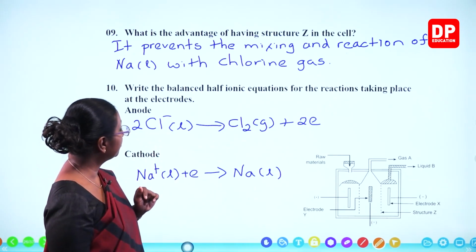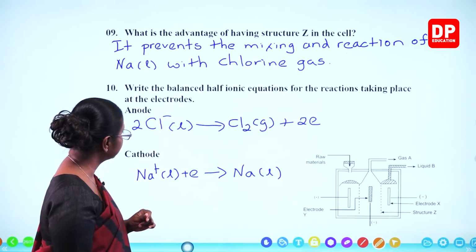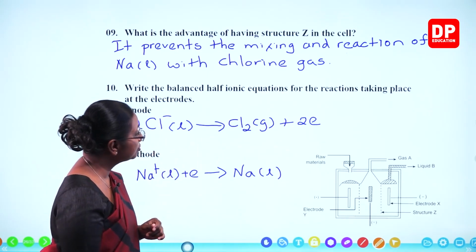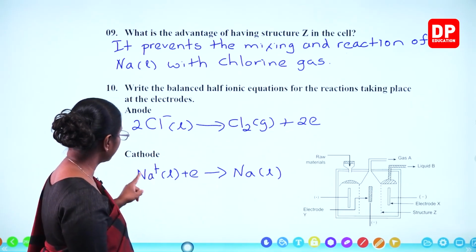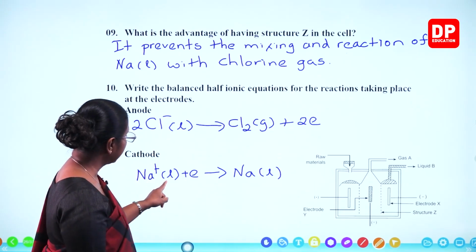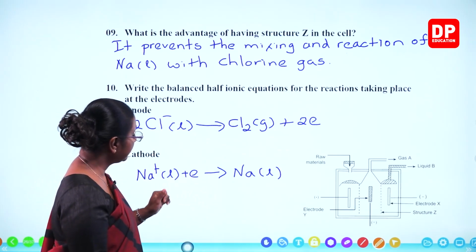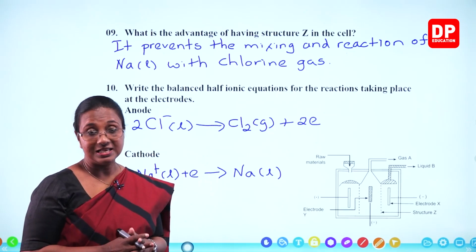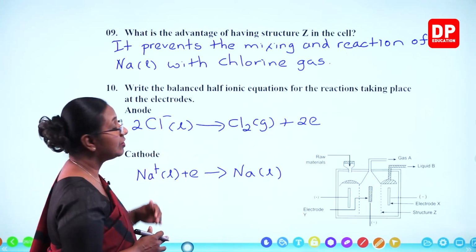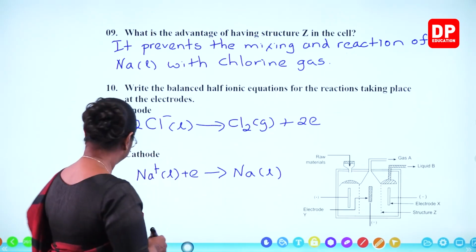And then the anodic reaction, 2Cl minus liquid form Cl2 gas by losing 2 electrons. And the cathodic half reaction or the reduction half reaction, Na plus liquid taking up an electron forming Na liquid. Is that clear, student? So with that, I will move on to the next slide.